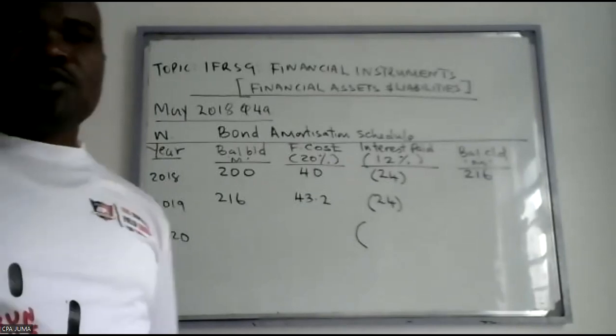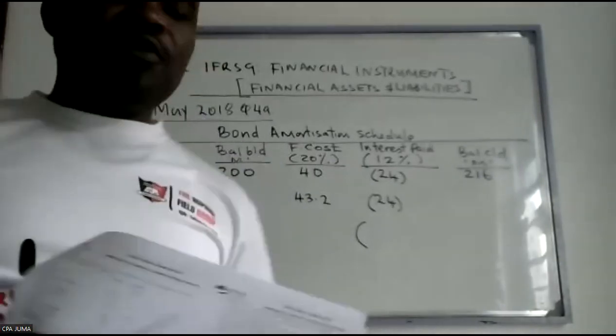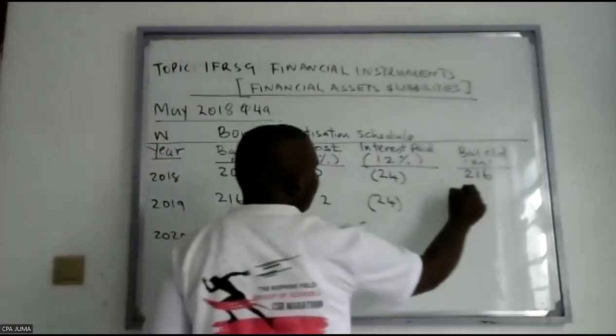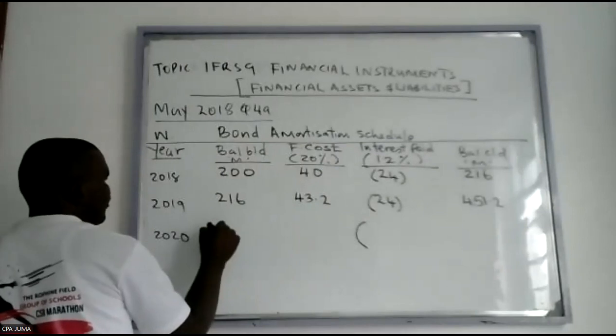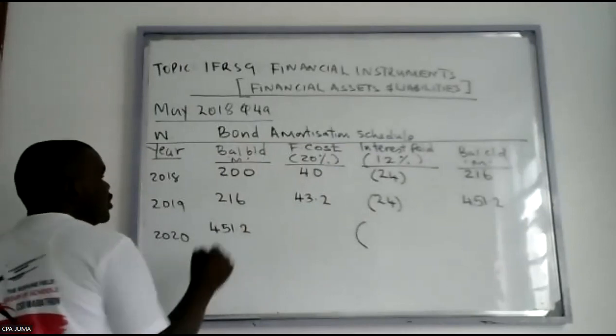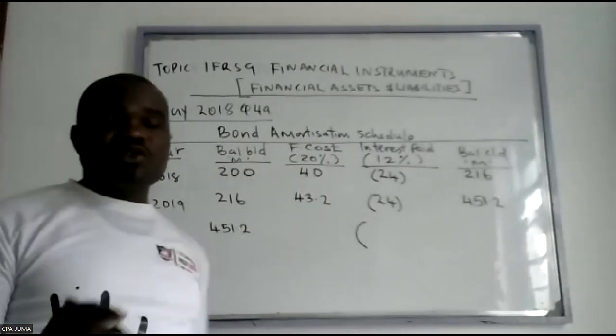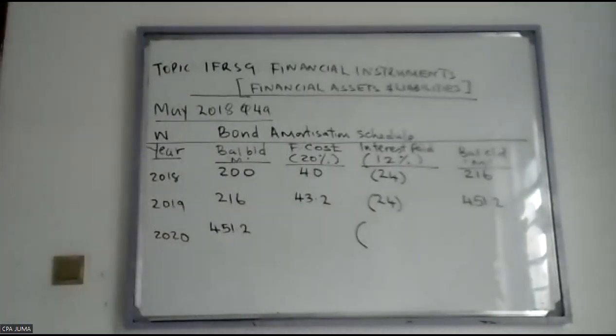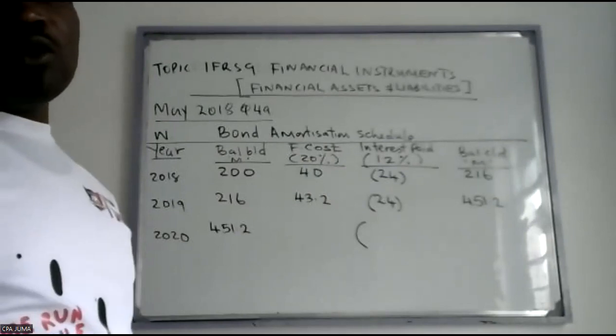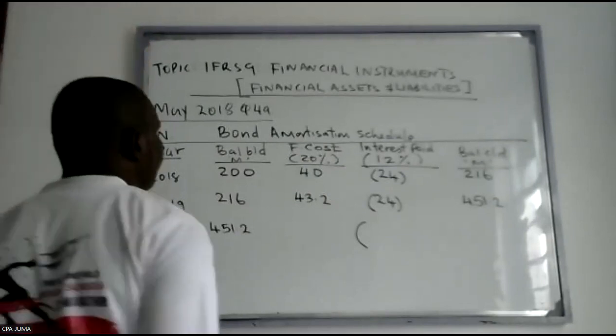You get what, students? 451.2. So here we have 451.2. 20% of 451.2. 90.24.